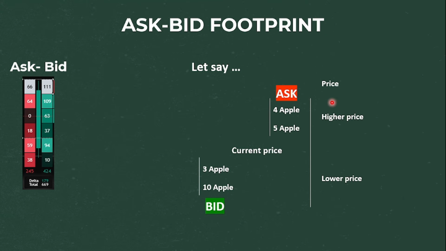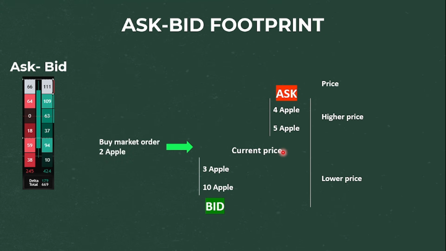This is the price range, with the higher prices and the lower prices of the apple. There are ask orders: at the highest price there are 4 apples waiting to be filled, and after that there's a 5 apple sell limit order on the ask side. On the opposite side there are 3 apples at the bid as a buy limit, and 10 apples at the lowest prices, and this range is the current price.